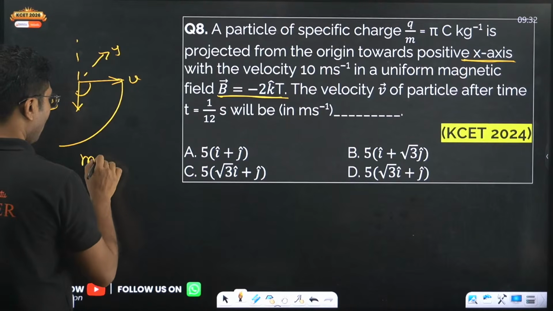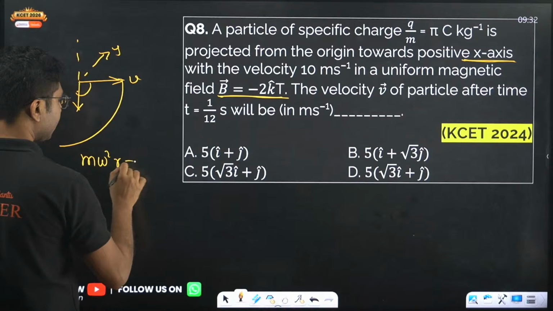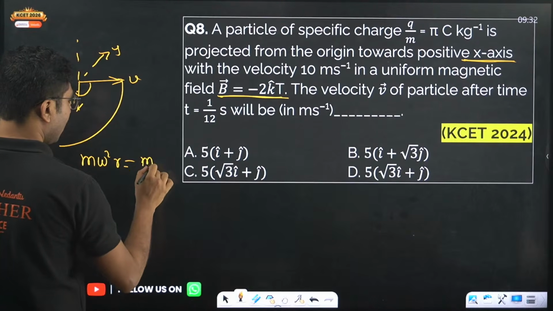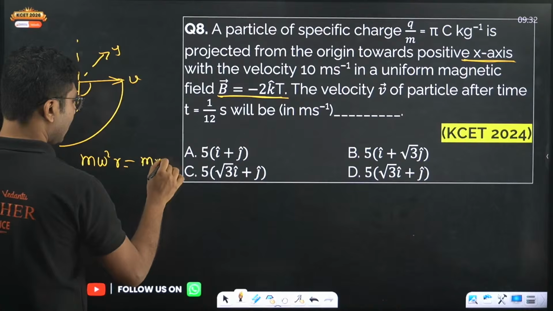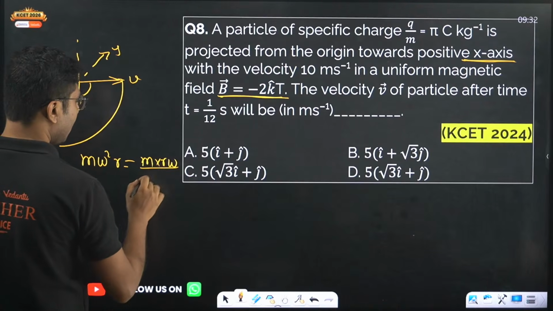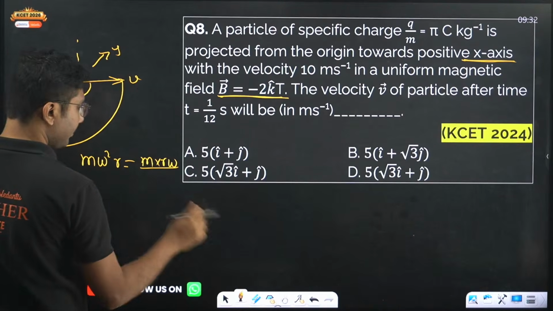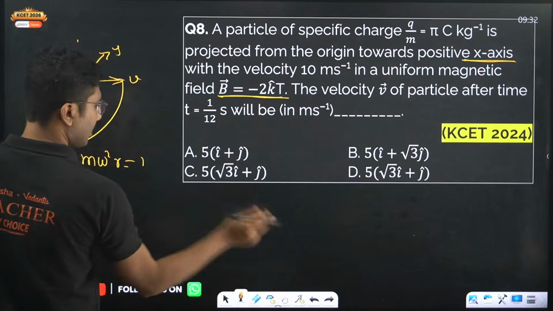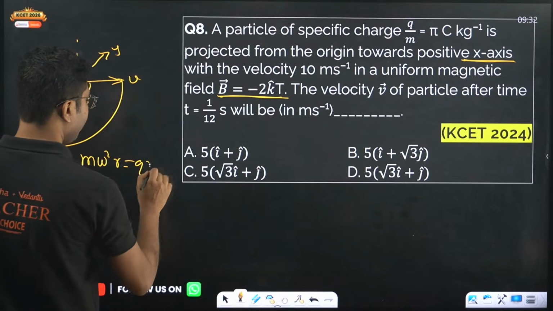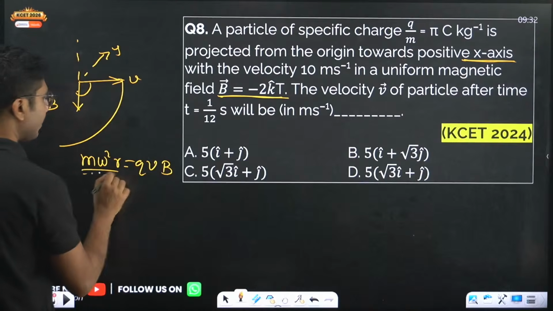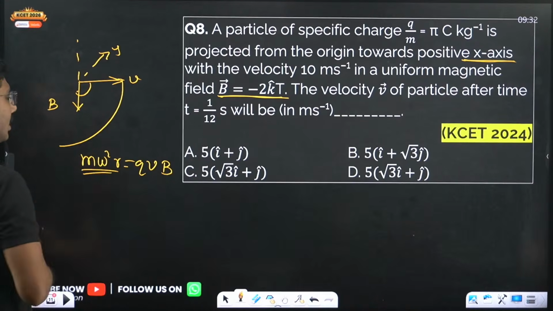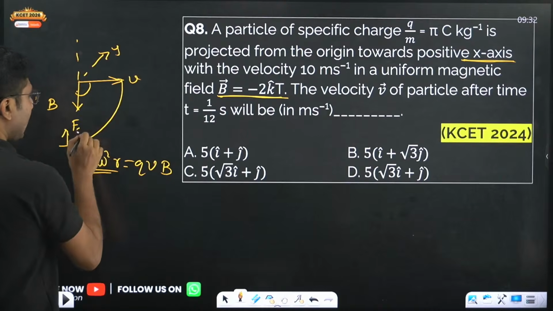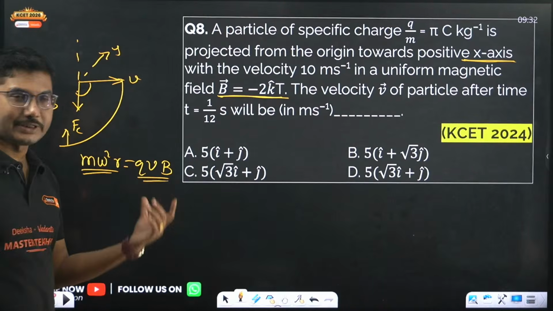m omega square r equals qvb. This is the required centripetal force for the motion, and this is the Lorentz force. Both have to be the same.